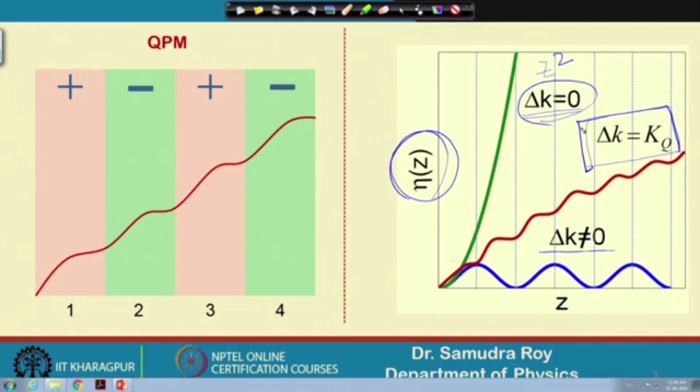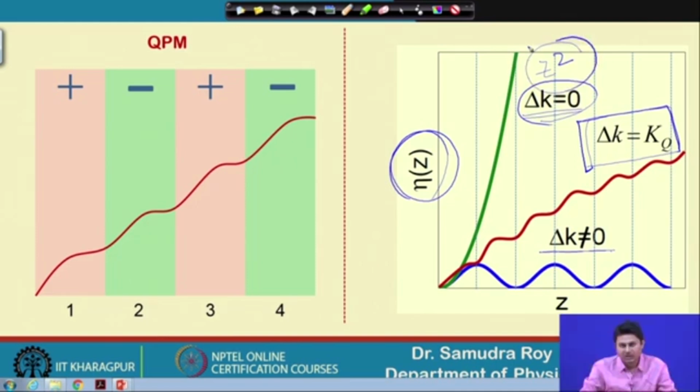However, delta k equal to 0 is the most unrealistic condition, because in this condition the efficiency varies as z squared only when we consider a very important approximation: that the pump, the fundamental field, is constant.